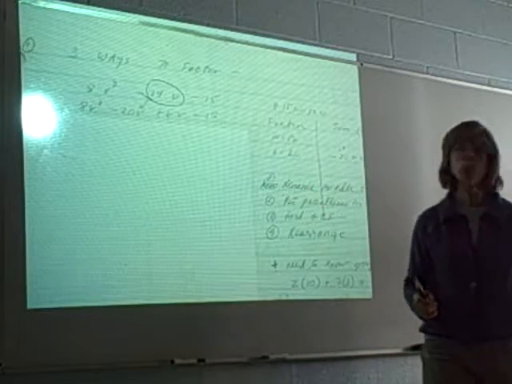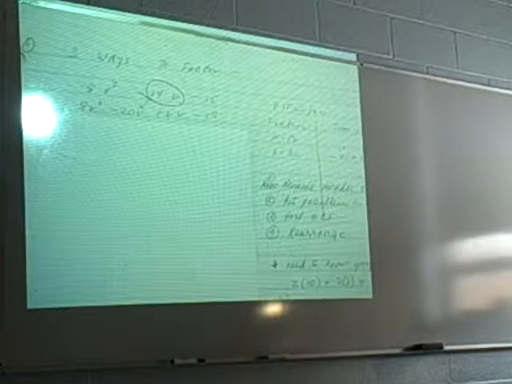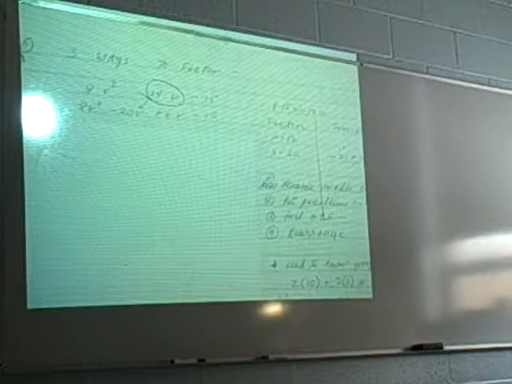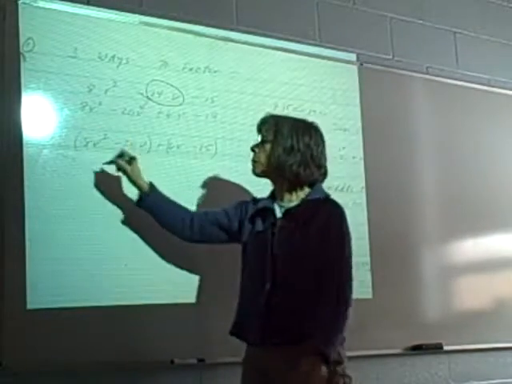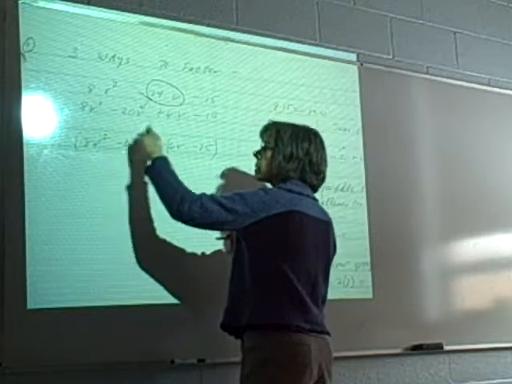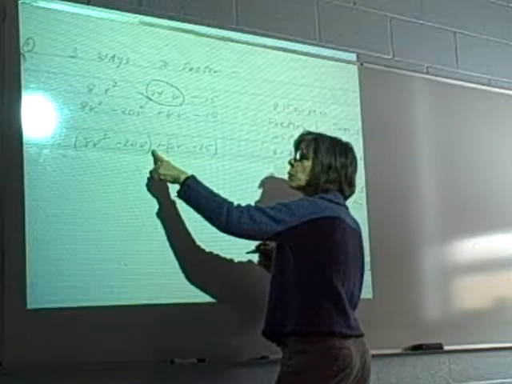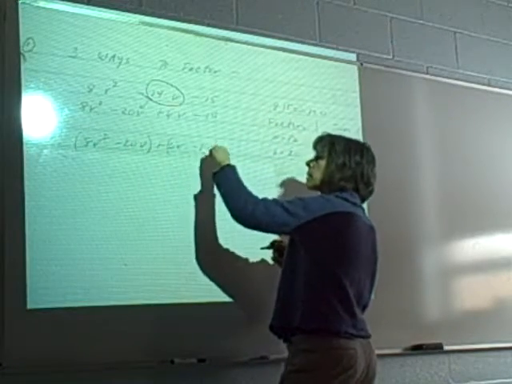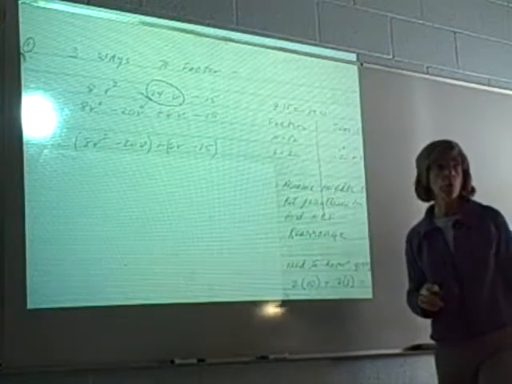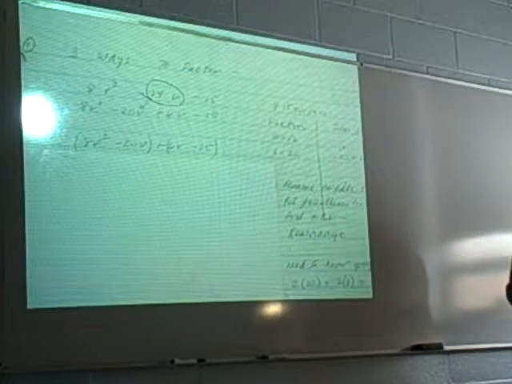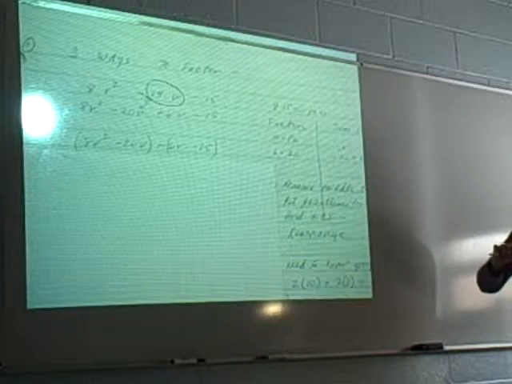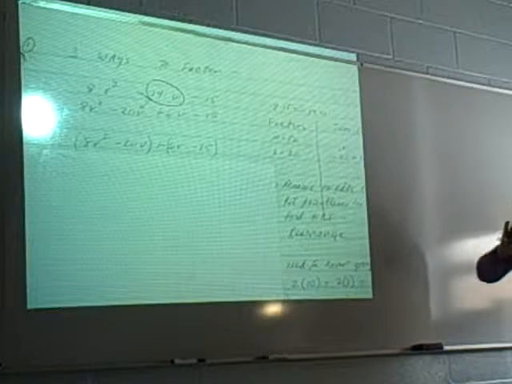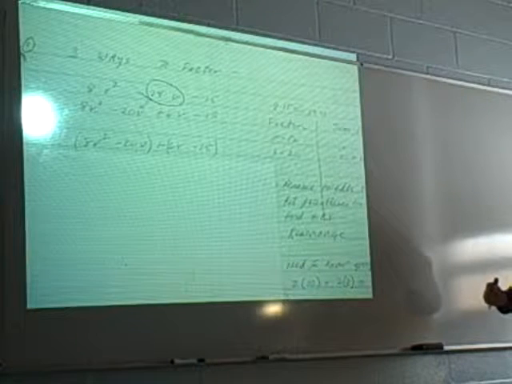So far, so good. Okay, my third step is pretty straightforward: I'm just putting parentheses around the first two terms and parentheses around the last two terms. So all I've done is rename the middle term and put in parentheses.